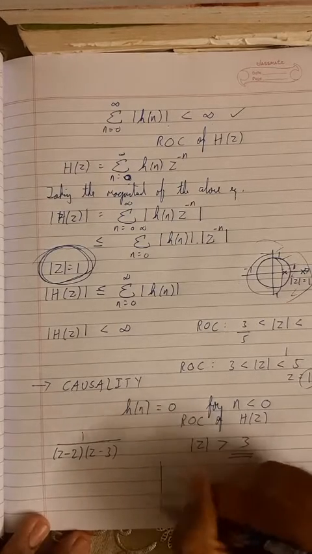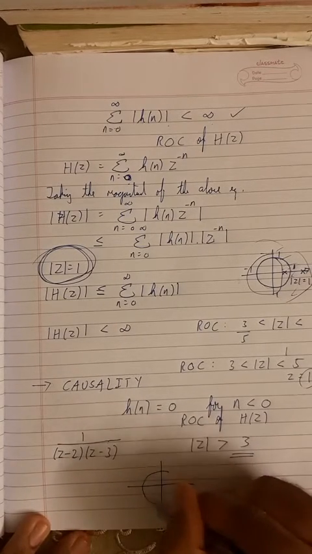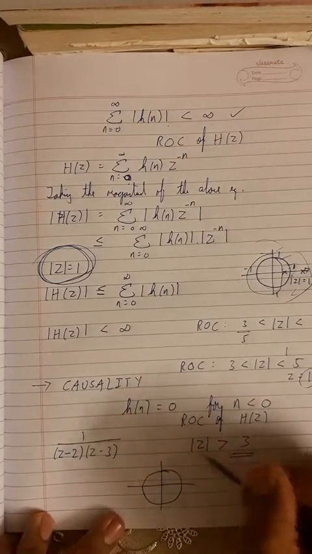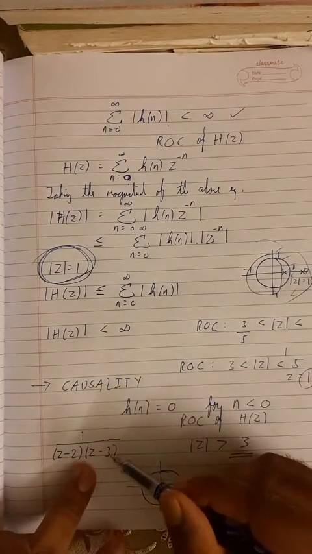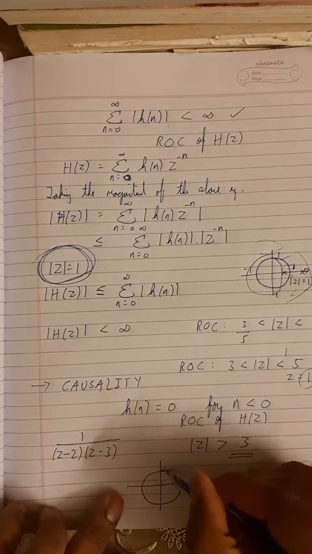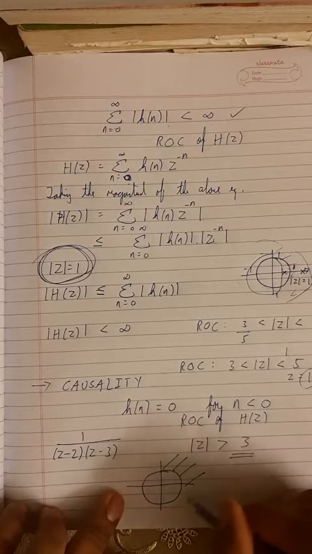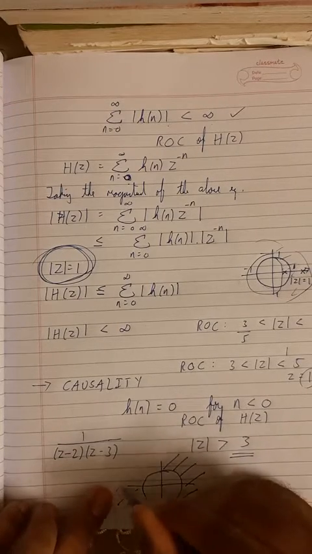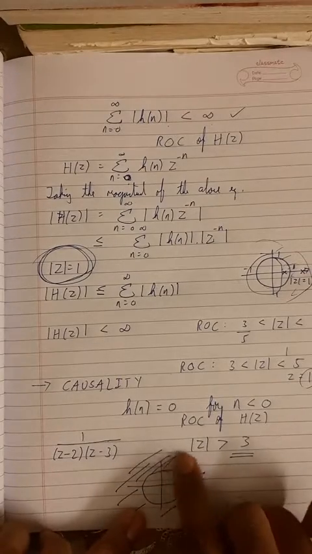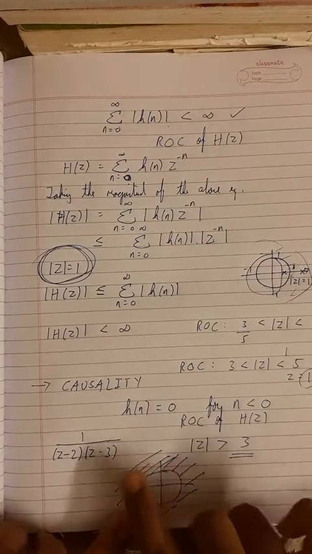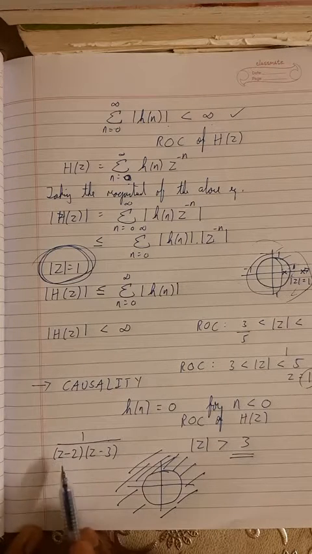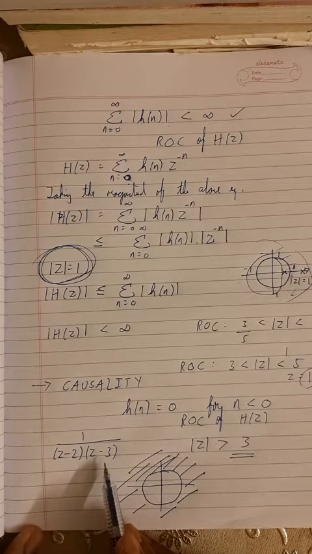That means in the z plane, the system is said to be causal if the ROC is the external region of the outermost pole of that z transform. So here z equal to 2 and z equal to 3 are the two poles.